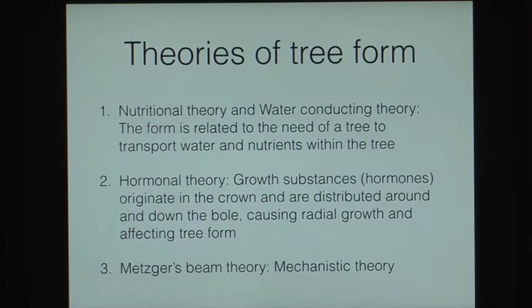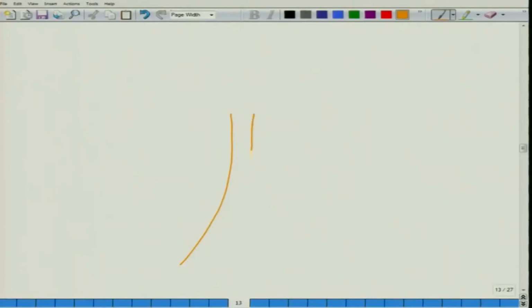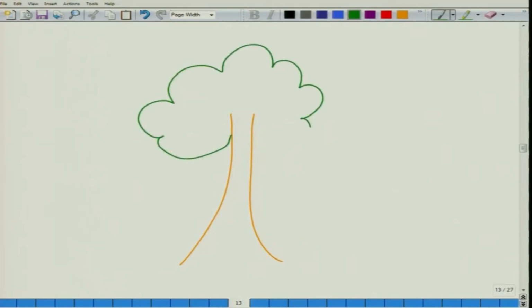We will come to it in a later lecture, but essentially what it states is that if you consider a tree, now if this tree is standing on the ground, it will be facing wind pressure.